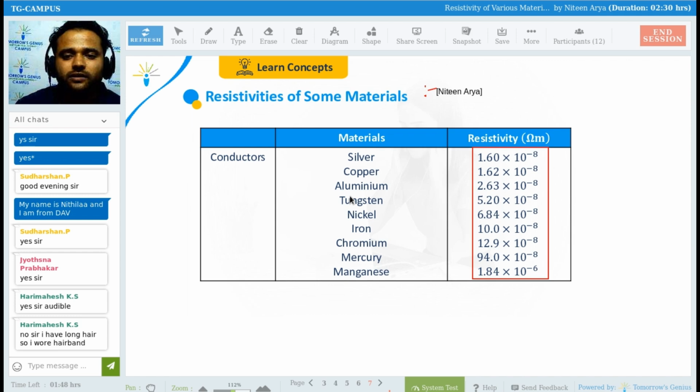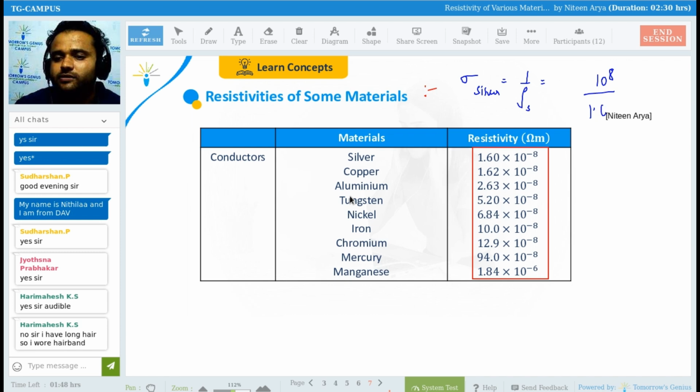The conductivity of silver is 1 by the resistivity of silver, which is 10 to the power 8 divided by 1.60, in Siemens per meter.